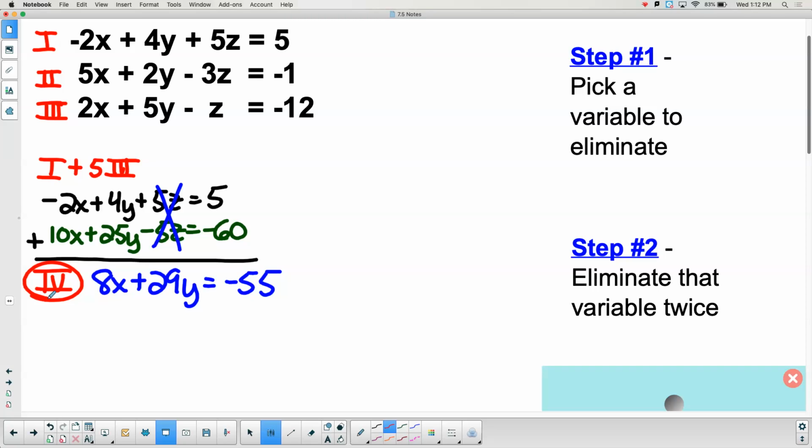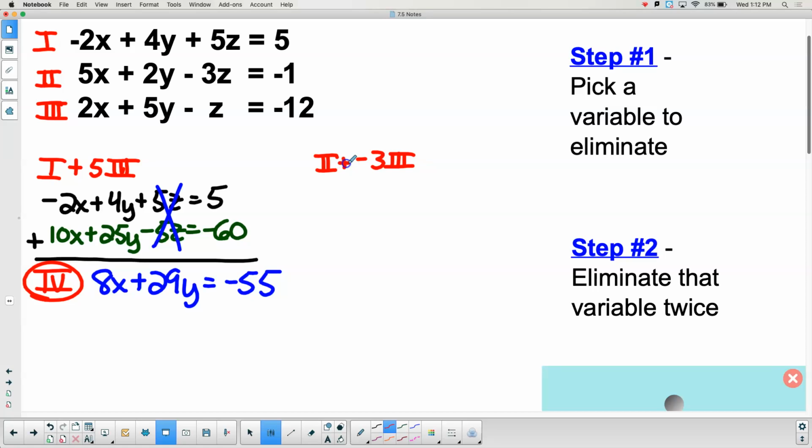Now I can't use 1 and 3, so I've either got to use 2 and 3 or 1 and 2, and I have to eliminate z a second time. Let's do it. So I would probably go equation number 2 minus 3 times equation number 3.